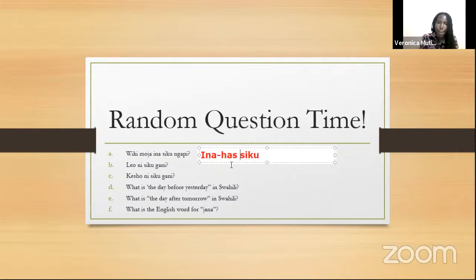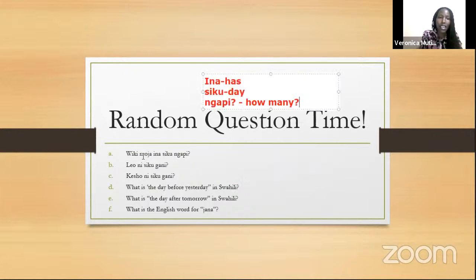Siku is day, the word for day. Yes, siku. And ngapi, we said, is a question word, meaning how many. So someone try to help me figure out what this question is asking.